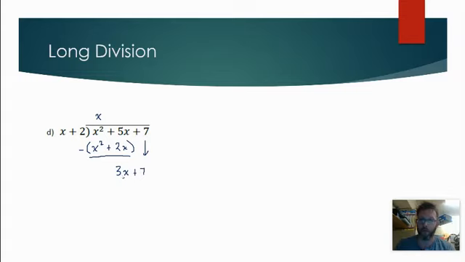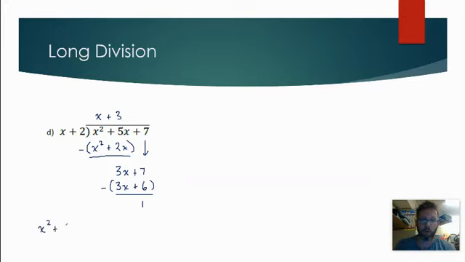X goes into 3x 3 times. 3 times x plus 2 is 3x plus 6. And when we subtract these, we get a remainder of 1. And that's okay. Our result can be shown this way.